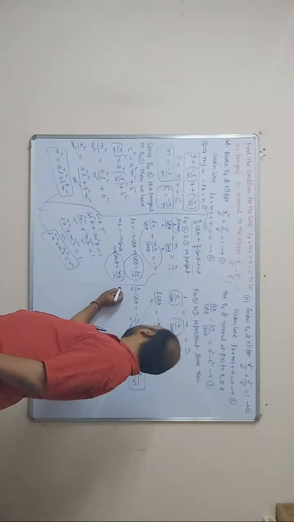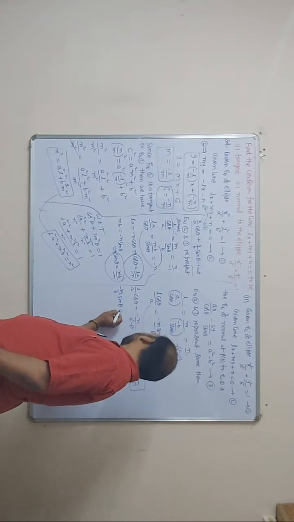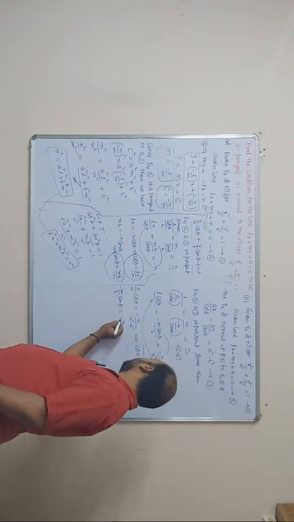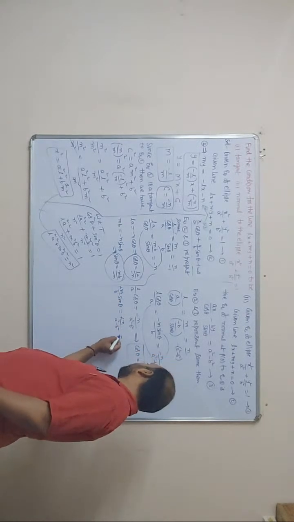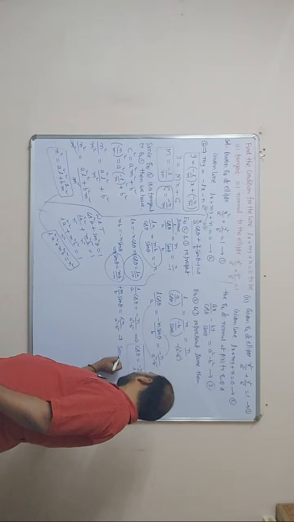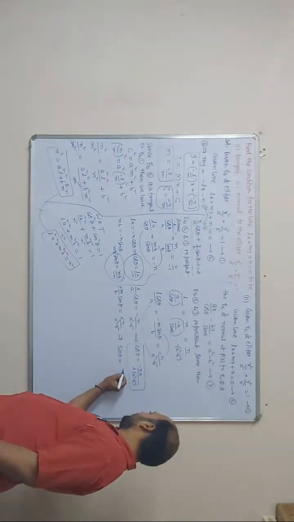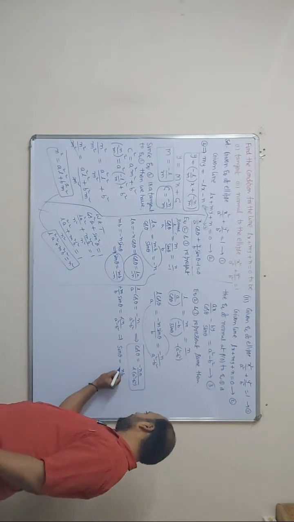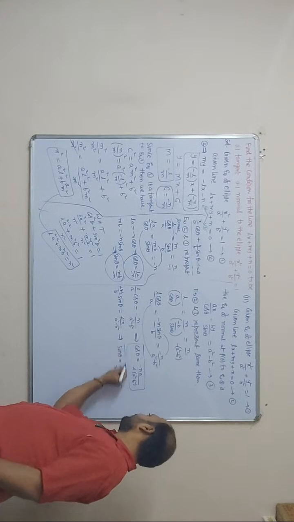Next, minus m by b sin theta is equal to minus n by a square minus b square. Both minus signs get cancelled; make sin theta the subject. So what will come here? nb by m into a square minus b square.